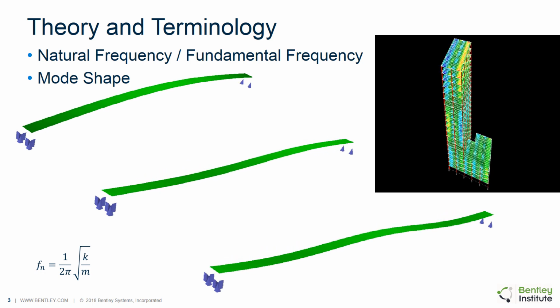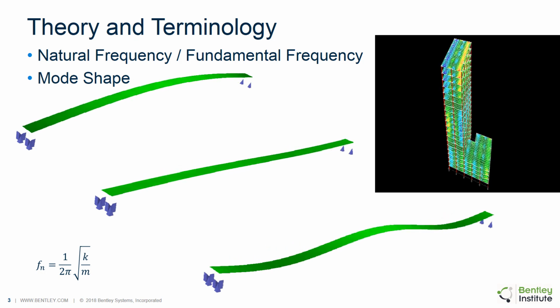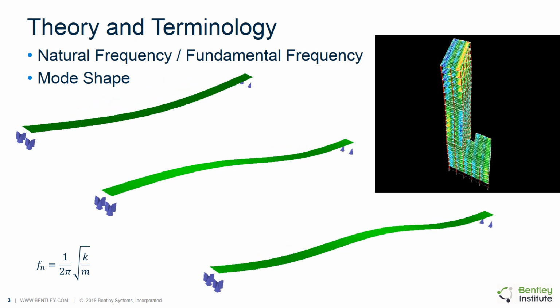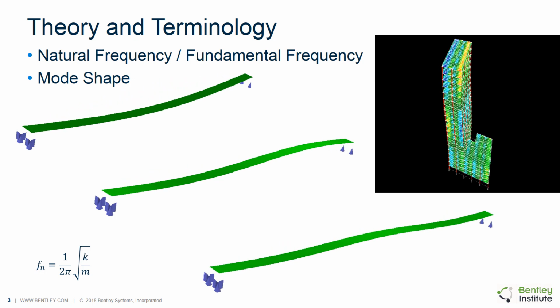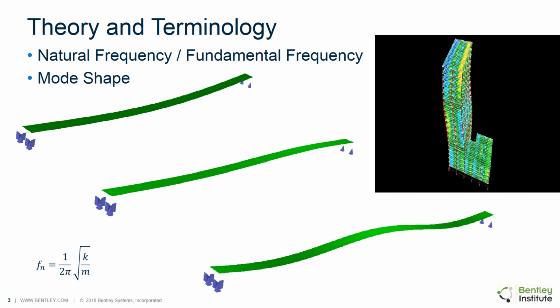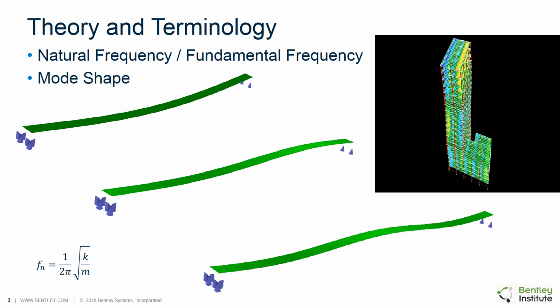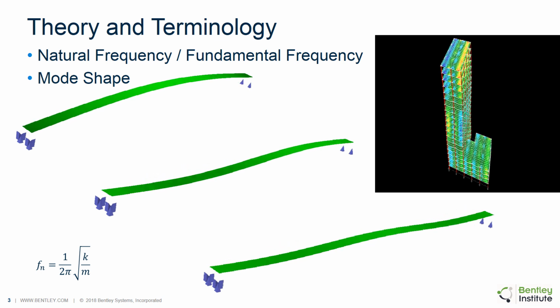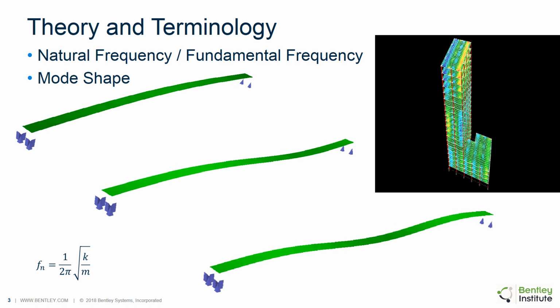When we're looking at floor vibrations, we're typically interested in vertical degrees of freedom. So we're looking at these up and down motions like we're looking at in these simply supported beams. If we were looking at seismic, we might be interested in horizontal degrees of freedom and horizontal mass and entire building movements like the one we see up in the upper right-hand corner there.